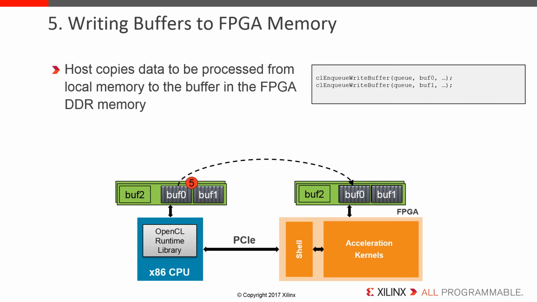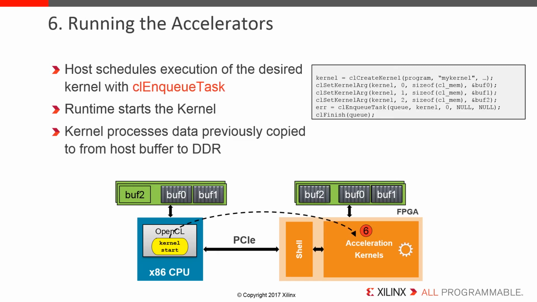Note there are other ways to transfer data from host to device, as multiple API variations are available. The Xilinx GitHub shows examples for those ways. The buffers are then associated with the kernel, and the kernel is started using the clEnqueueTask API.